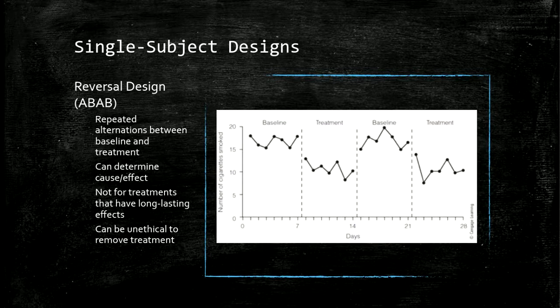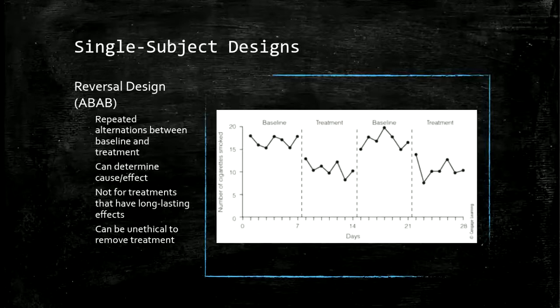You couldn't measure the behavior in baseline before the medication is given, give the medication for 7 days, and then remove the medication and expect the behavior to go back to the baseline rate, because the person still has the medication in their system. So the treatment is too long lasting for this particular type of design.